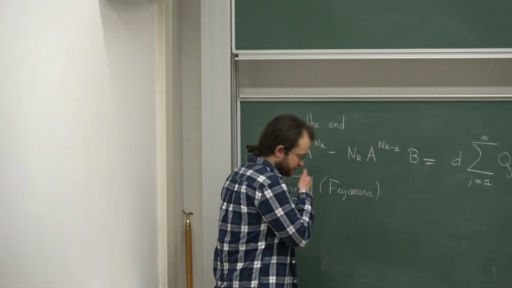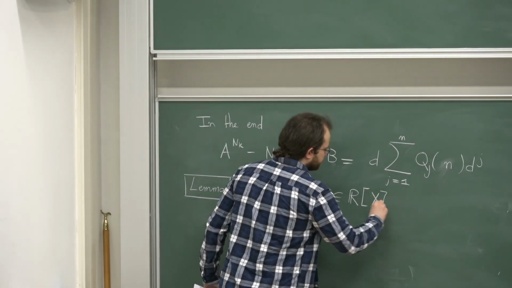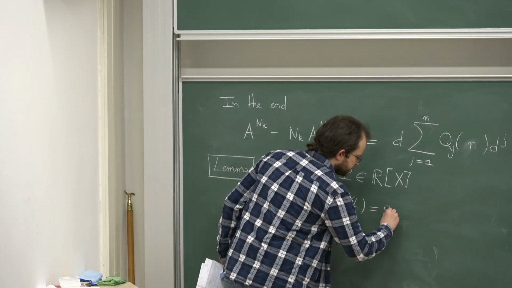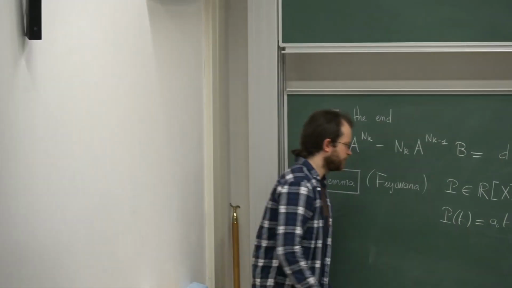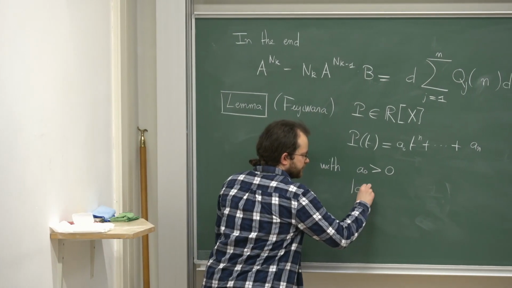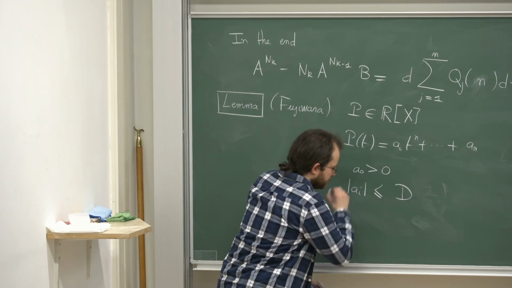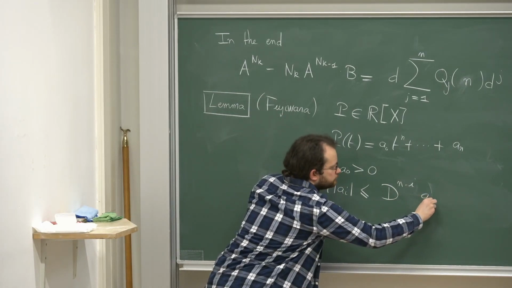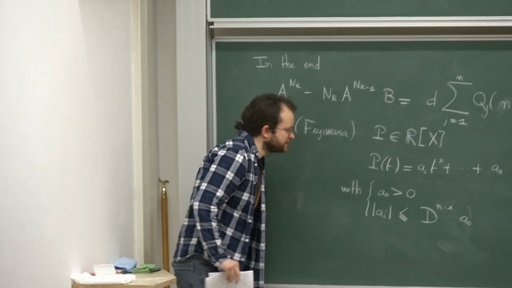The lemma of Fujiwara tells the following: if you take a polynomial with real coefficients, let's write that as a0 t to the power n, etcetera, until an, with a0 positive, and also if you look at the absolute values of the ai, they are smaller than some constant, say C, to the power n minus 1 times a0.